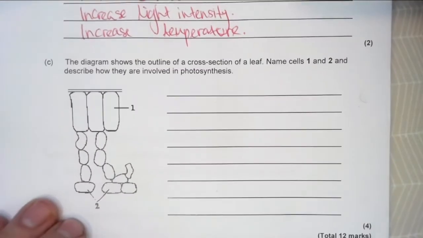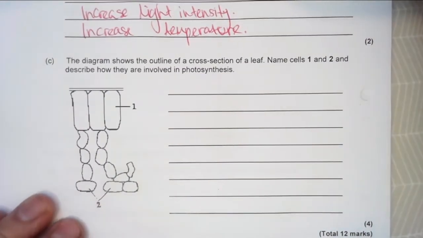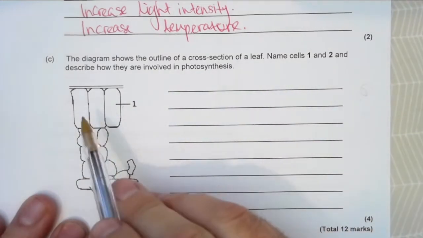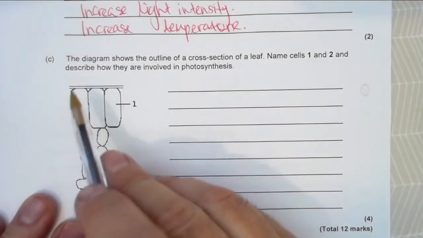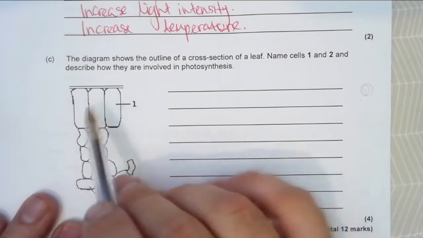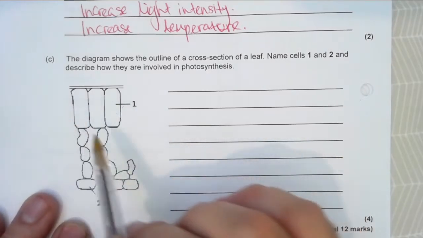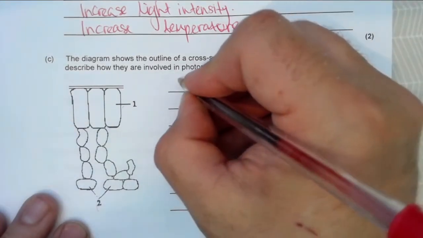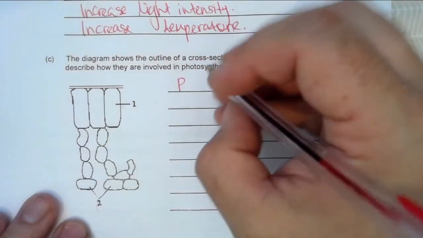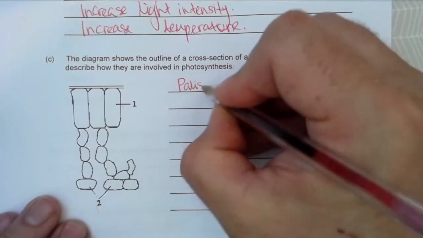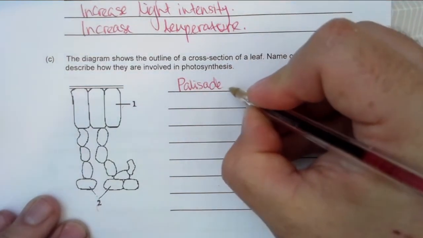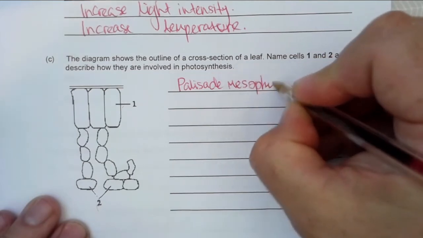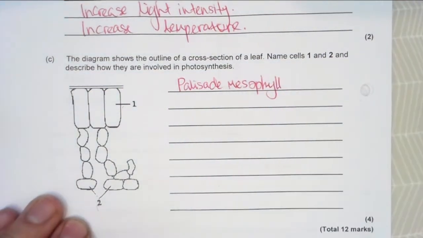And the last part of question 4 shows us the cross-section of a leaf, and it's identified 2 cells. This first cell, which is kind of on its ends and it's packed very tightly near the top of the leaf, these are the cells that carry out photosynthesis. So these are the palisade mesophyll cells.